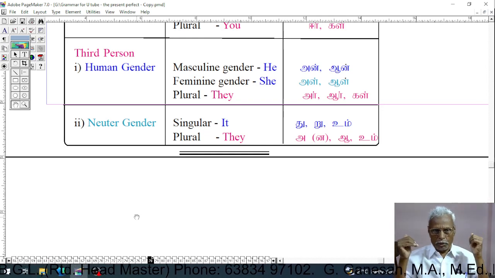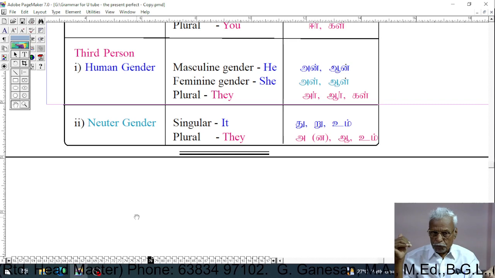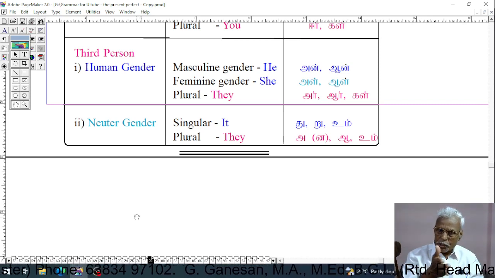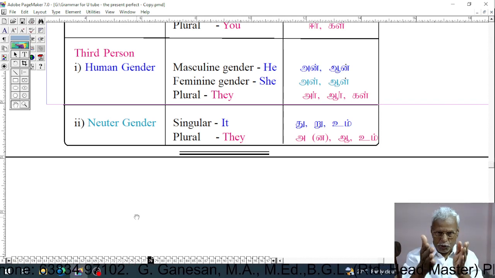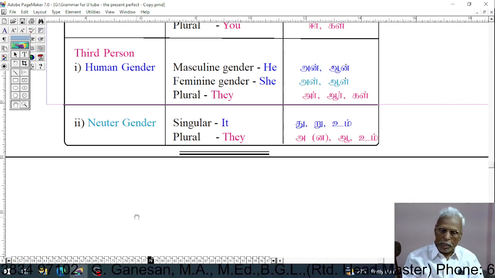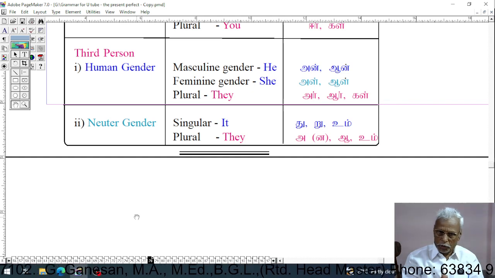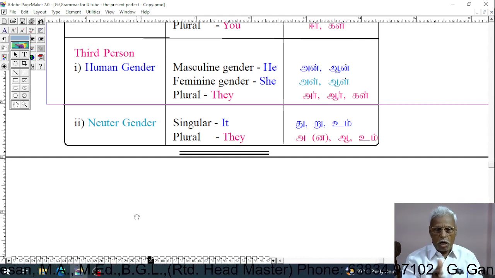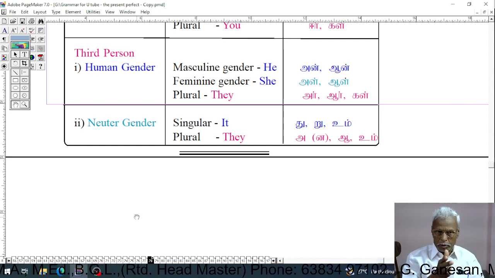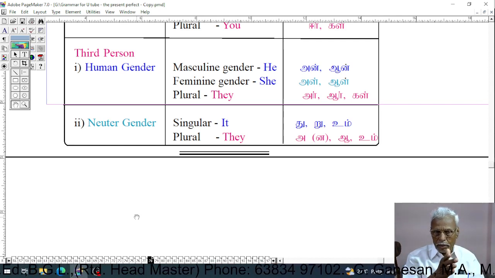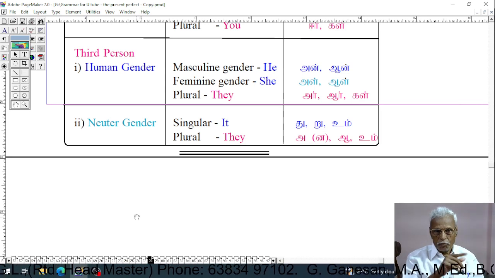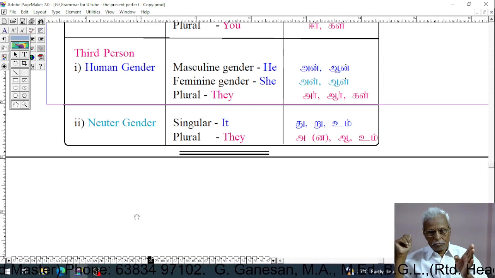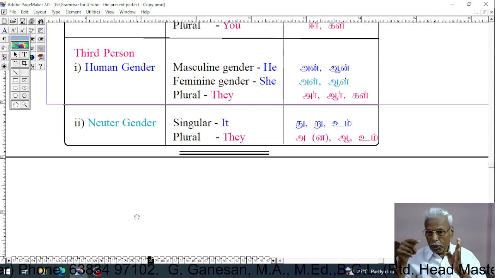As well as for neuter gender plural, the past tense and present tense and its varieties, continuous and perfect, end in ன. The finite verbs end in ன for the plural of the third person neuter gender.